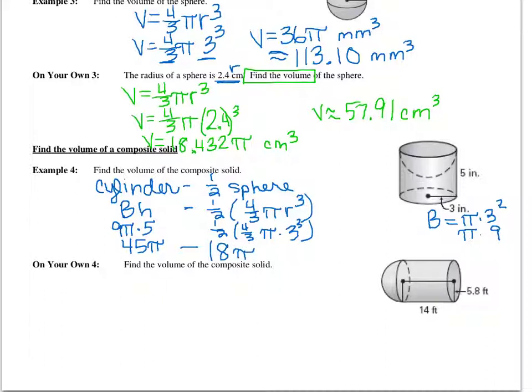So if you do 45 pi minus 18 pi, that's going to give you 27 pi, and my units would be inches cubed there. Or if you wanted a rounded value, if you do 27 times pi, that's going to give you 84 and 82/100 inches cubed. So pause it and try the next one on your own.